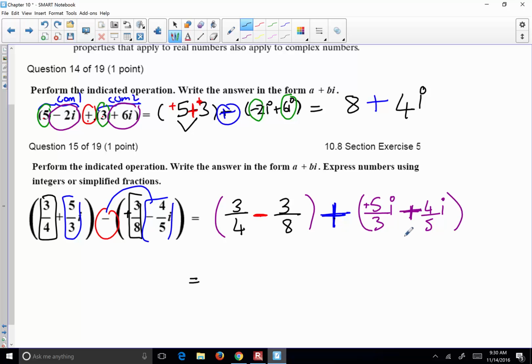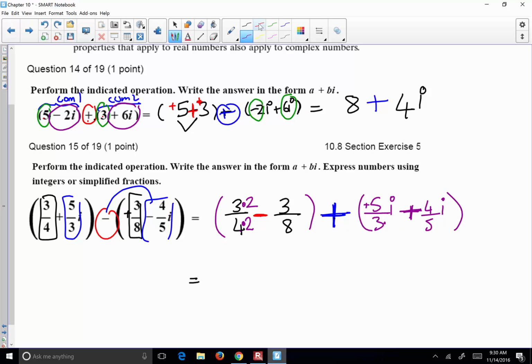Subtraction or addition, no matter what you have, you need to have these two denominators the same so you can subtract. So this is 4, this is 8. I need to make 4 into 8 by multiplying both sides by 2. This is 3 and 5. I need to make them both the same. So how do I make them both the same? 3 doesn't go to 5.